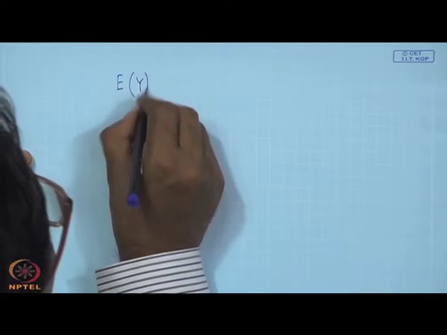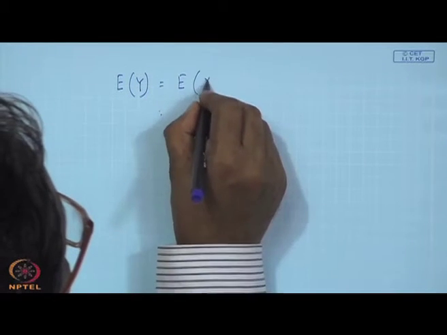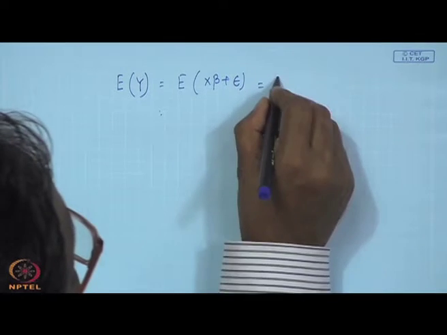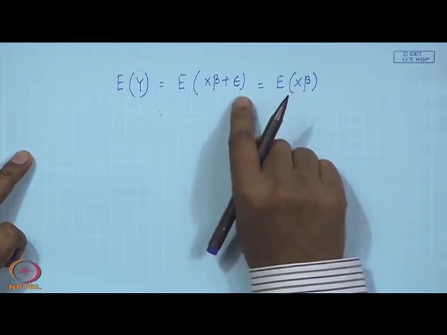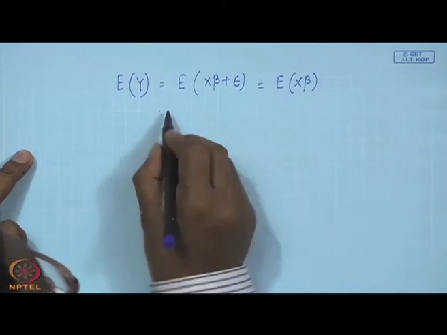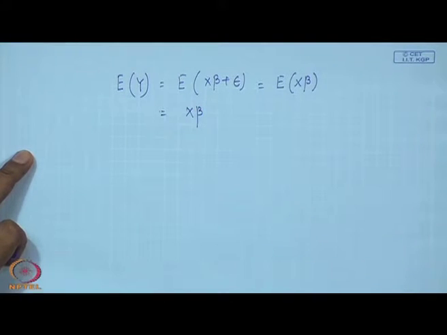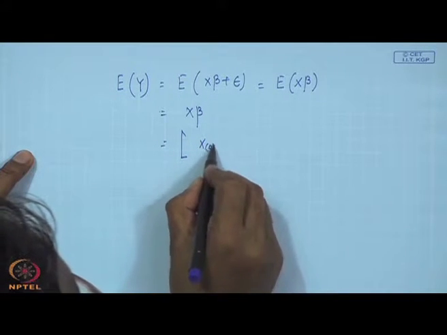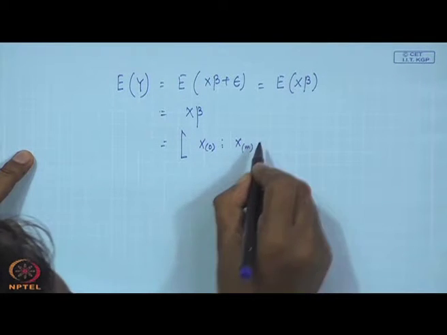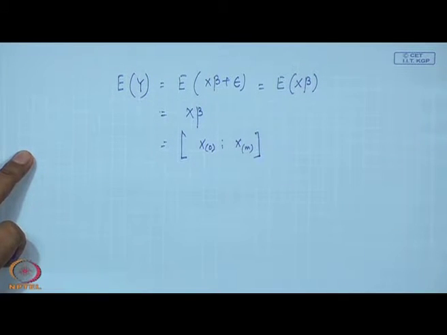Okay. So, under such a situation, if I want to write down the expected value of y, this is nothing but the expected value of x beta plus epsilon, which is nothing but the expected value of x beta. The reason is the expected value of epsilon is basically 0, and ultimately this leads to x beta only. Okay. So, if you write this like this, x 0 then x m, what is this?